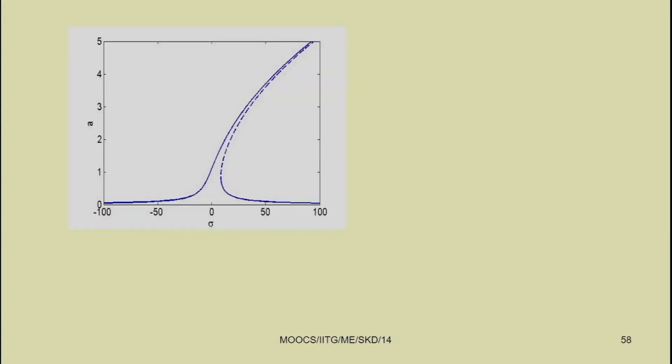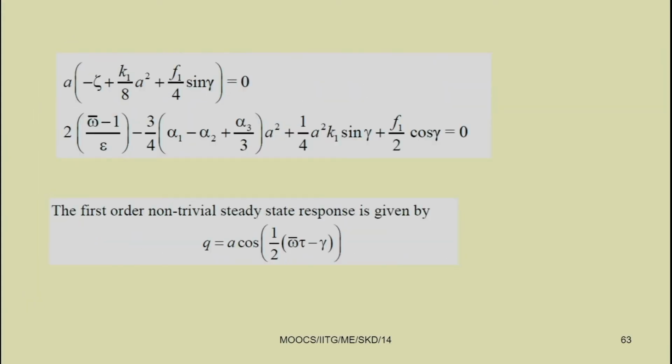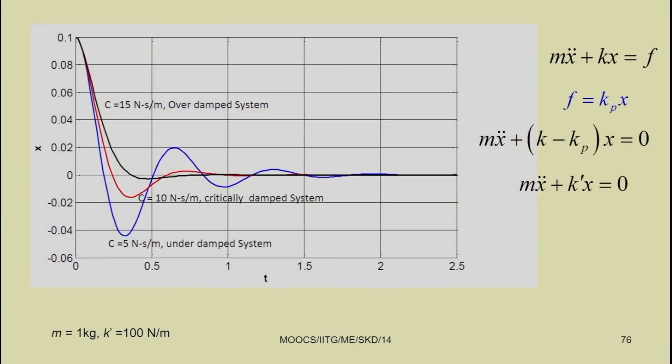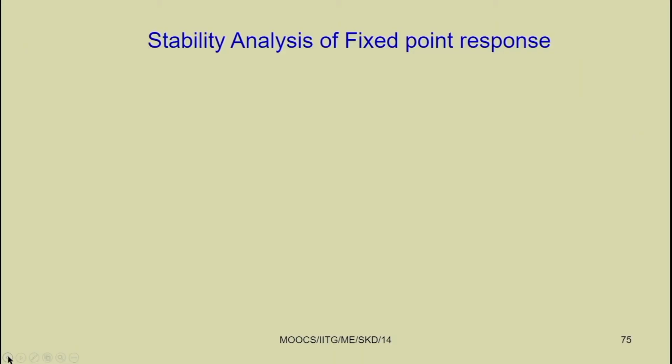So, before that, let us see some other things. Let us see what we mean by a stable and unstable system. We should first know what a stable system is or what is an unstable system.